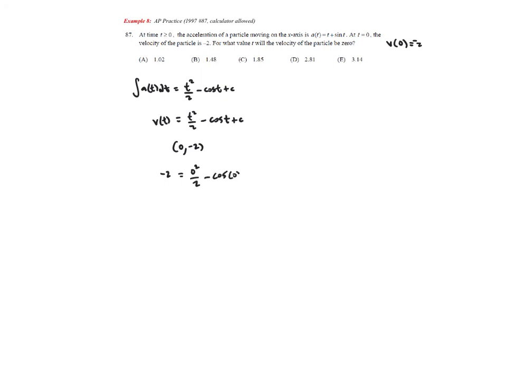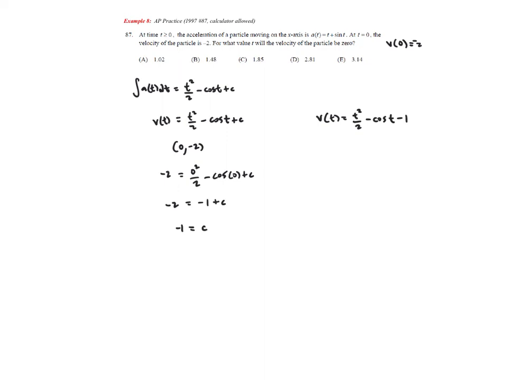Cosine at 0 is 1. Therefore, negative 2 is equal to negative 1 plus c. So it looks like negative 1 is equal to c. Thus, our velocity, particular to this situation, would be as follows.